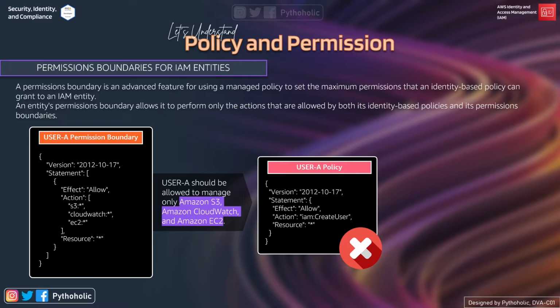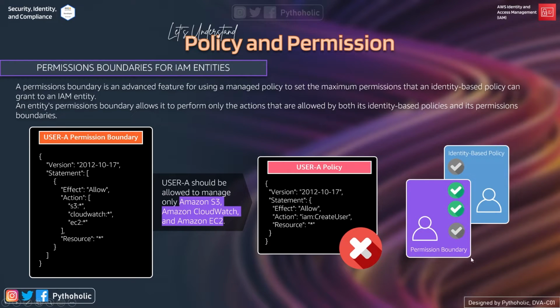Yes, that's true. If this policy is also attached to user A, which allows IAM create user functionality, this operation will not be applicable because of its permission boundary. And that's where you need to understand a concept called effective permissions.